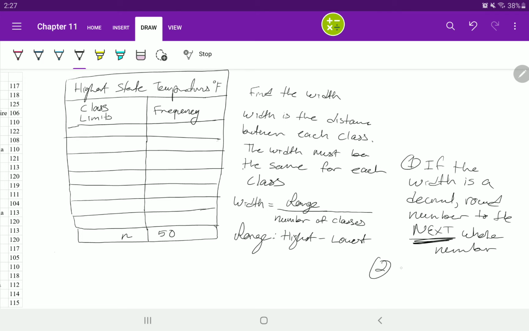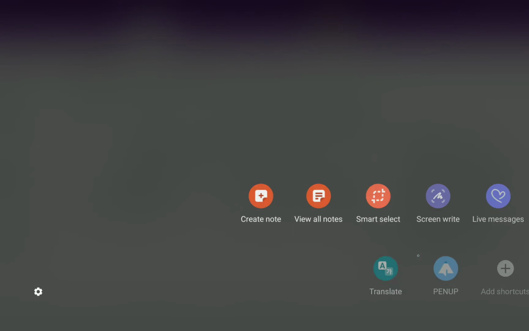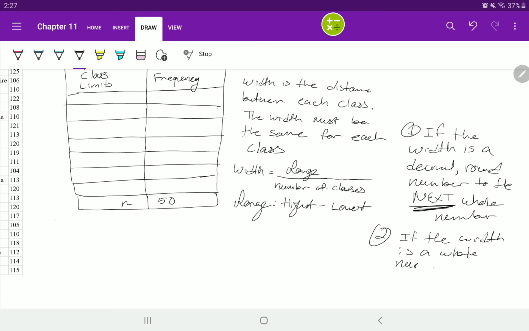Number 2, if the width is a whole number after dividing, add an extra class to the table.